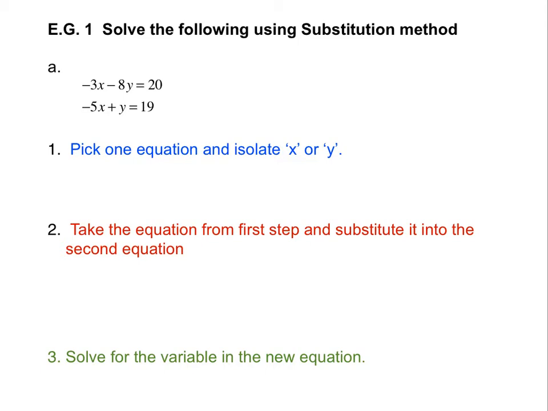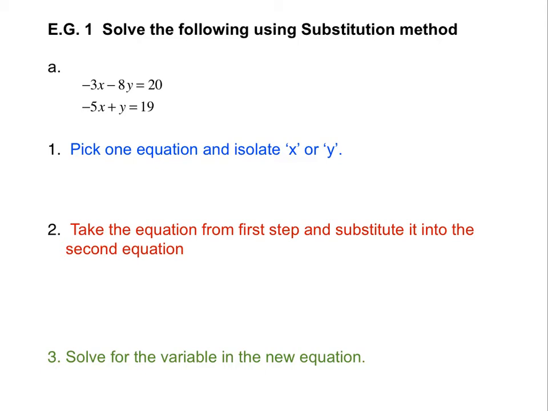So the next thing to analyze is, is there a variable that has a 1 in front of it? So with this x, we've got a negative 3 here, for the y, negative 8. Here, negative 5 in front of x, and then finally here we actually do have a 1 for a coefficient. So that's going to be the variable that we're going to start with to isolate for step 1.